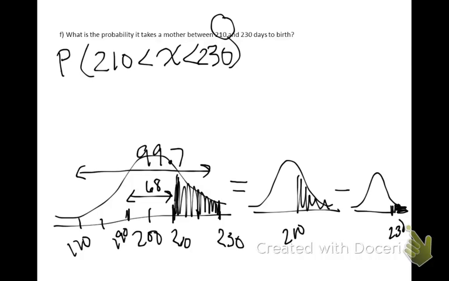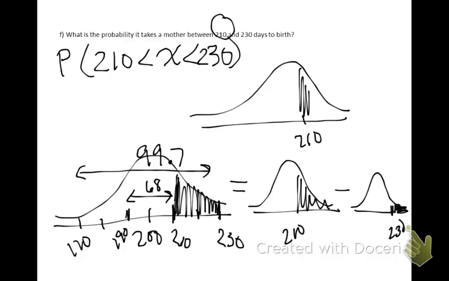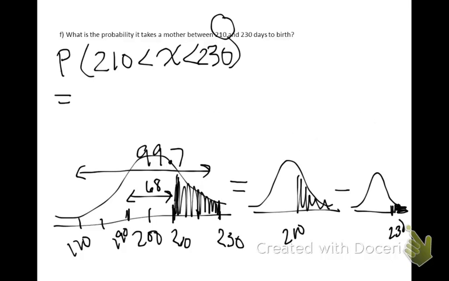Another way to see this, if we find the probability of being 210 and greater, and then come in and subtract out the probability of being bigger than 230, that should leave over between 230 and 210 the area that we're interested in. Notationally, we'll write this as the probability that x is greater than 210 minus the probability that x is greater than 230.